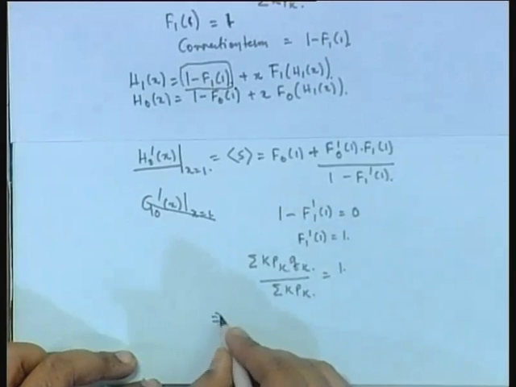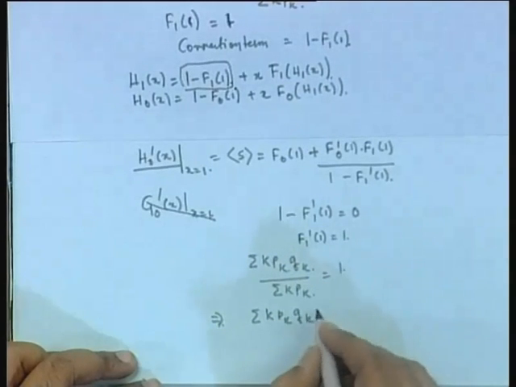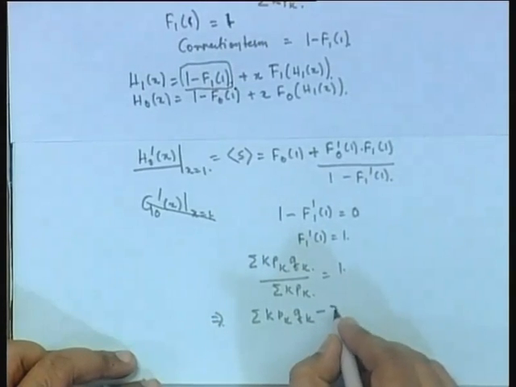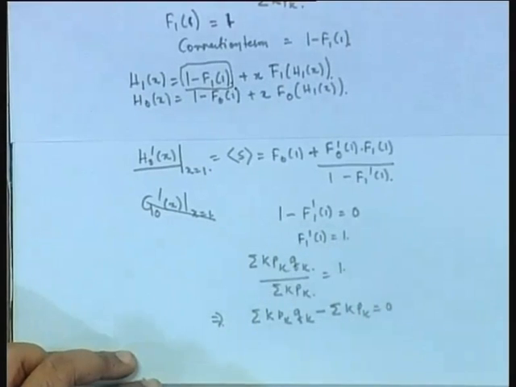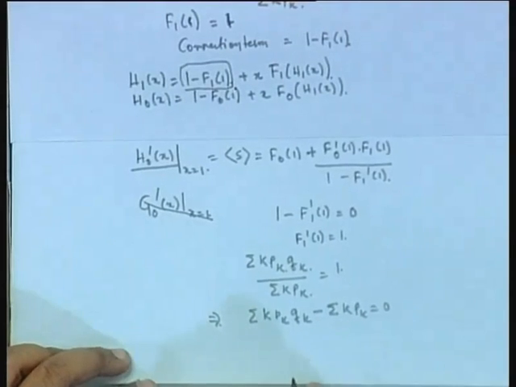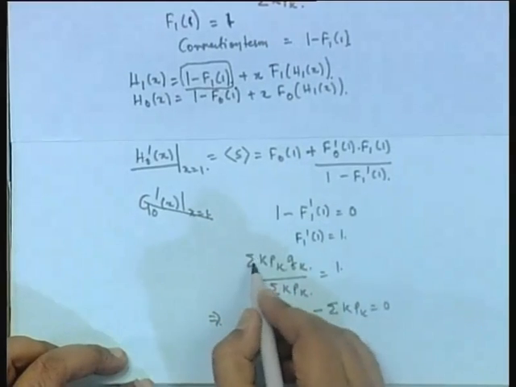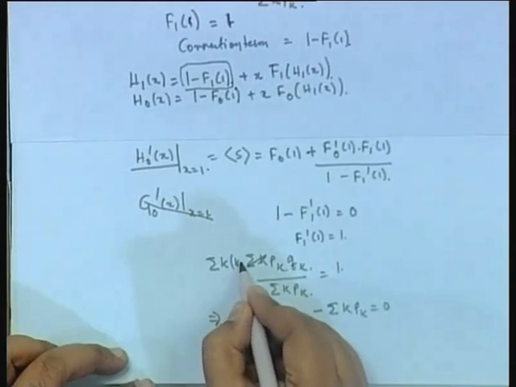So, this becomes summation of k pk qk minus summation of k pk is equal to 0. No, I think I made a mistake. It is f1 dash. F1 dash is k into k minus 1.